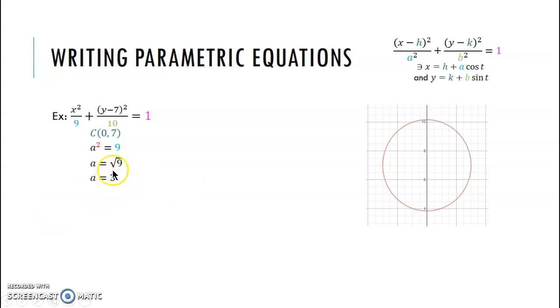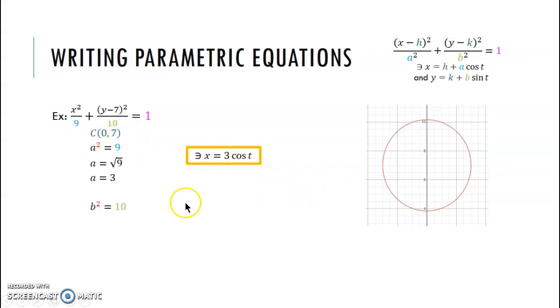So we have our h and our a, and we can write our x parametric equation here. We know that h is 0 plus 3 cosine of t, which simplifies just to 3 cosine of t. So that's our x parametric equation.